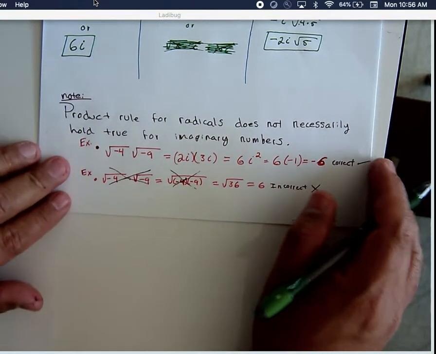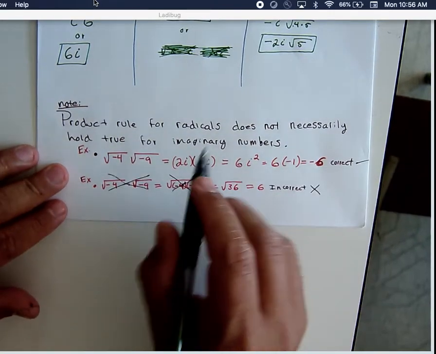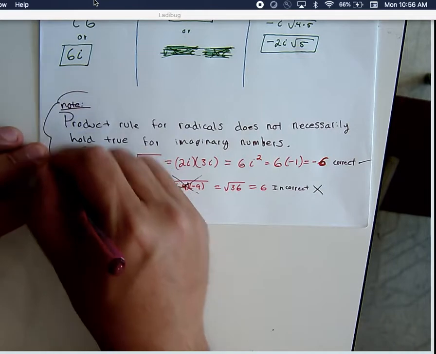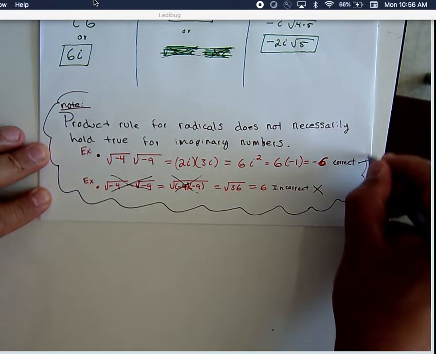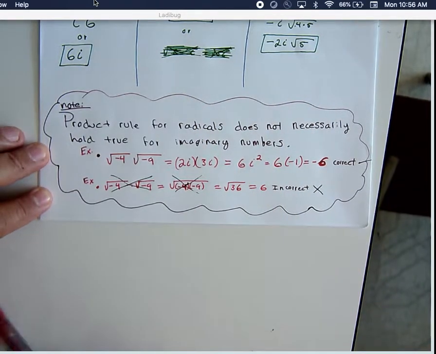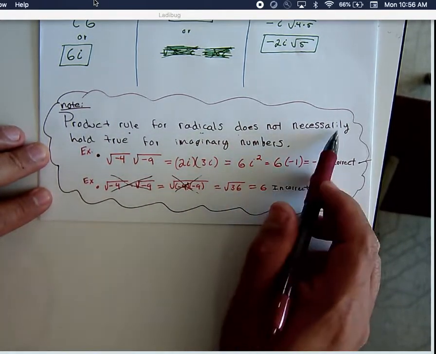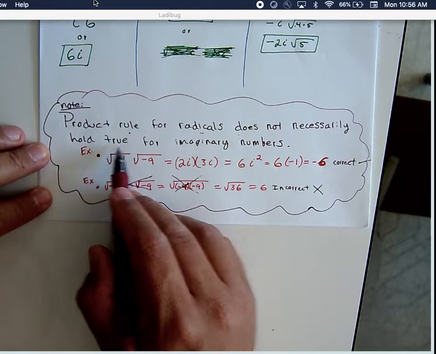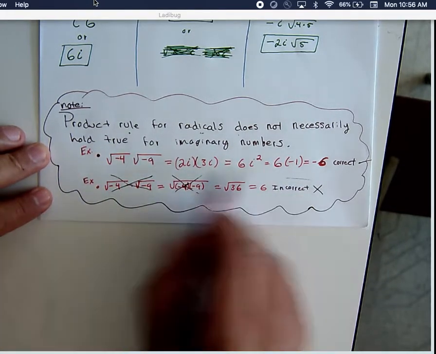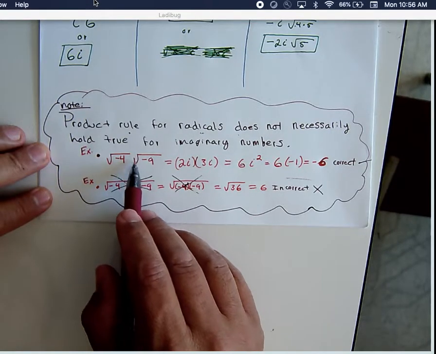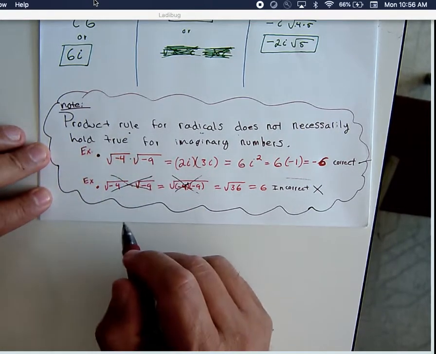Okay, this is just an example, well, some notes. It just says that the product rule for radicals does not necessarily hold true for imaginary numbers. And they give you an example where you have the square root of negative 4 times the square root of negative 9.